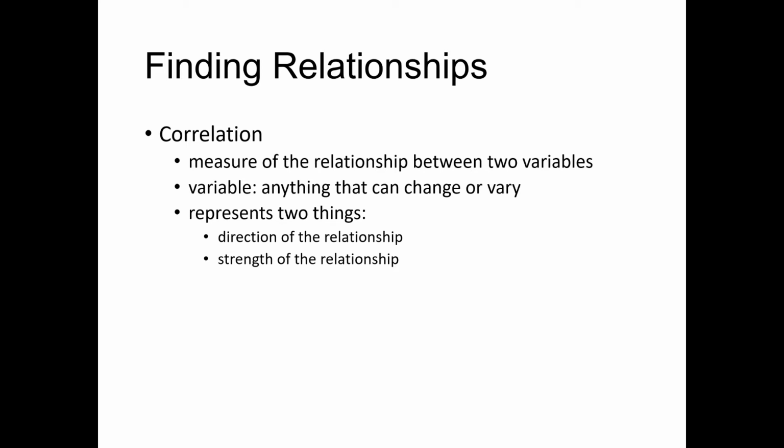Usually researchers measure multiple variables, and one thing we could do is to examine the relationship between two variables. For example, if we measured level of depression and amount of social support, we could test the relationship of these two variables. Specifically, we can test the direction and the strength of the relationship.